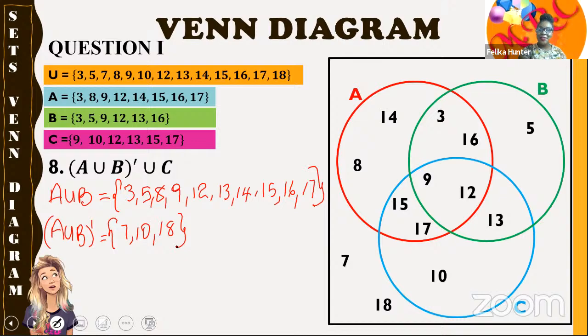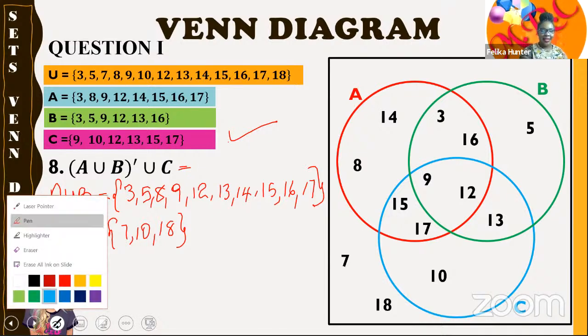All right, what do we do next? Find all the things in C. We already have it here, so given that we already have what's in C, we can just go ahead and write down our solution.